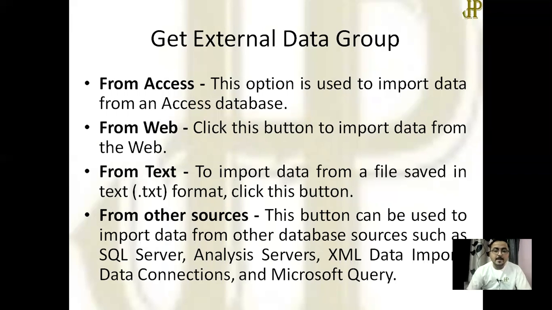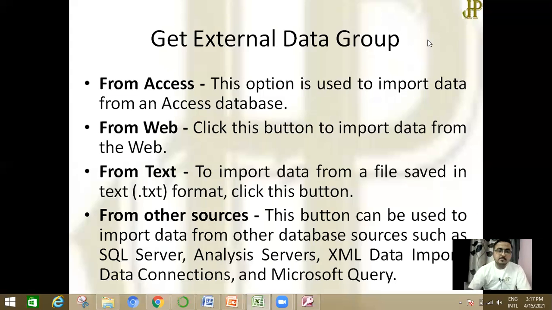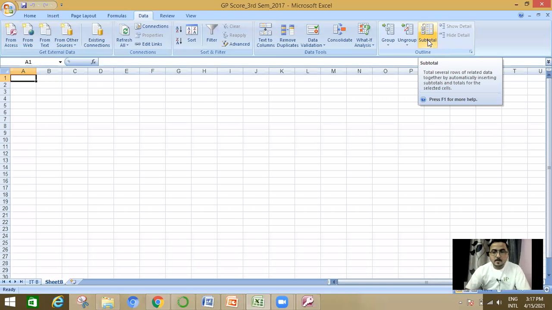I have already created a table in an MS Access database in which I have written some data as well. Now I will try to import that data into our Excel sheet. So this is my Excel sheet and I will try to import data from MS Access.